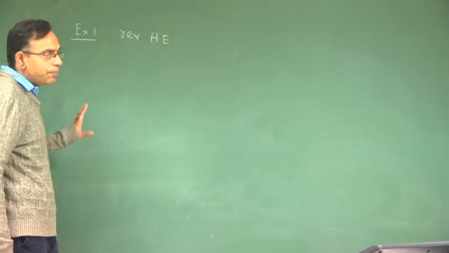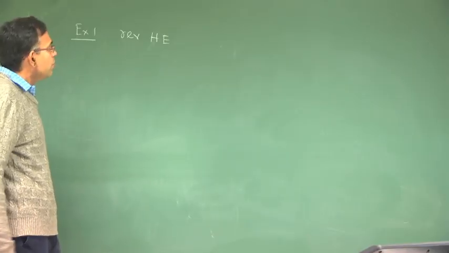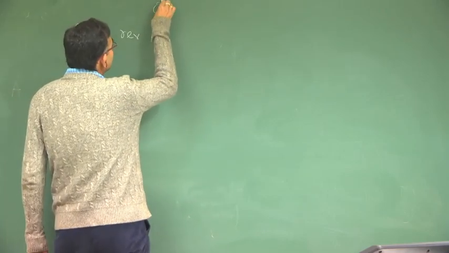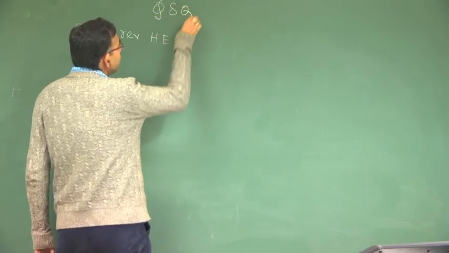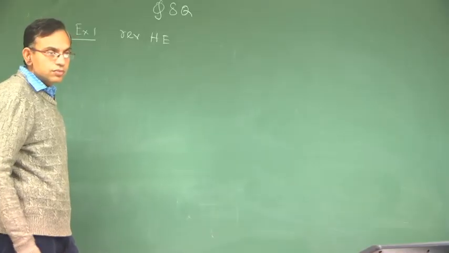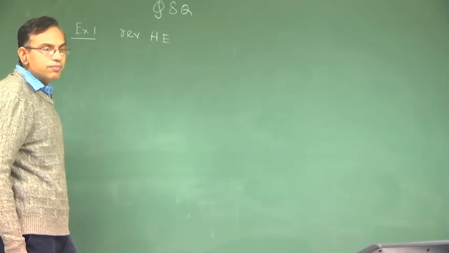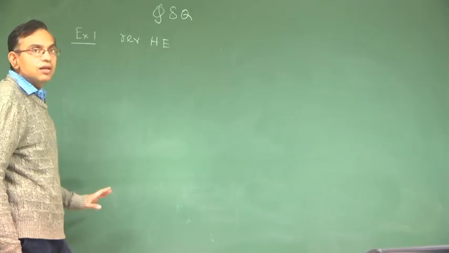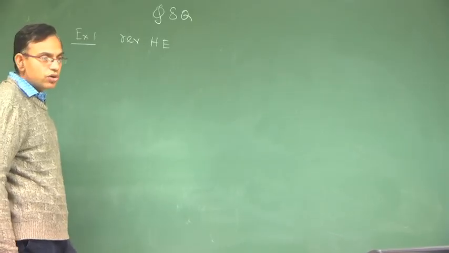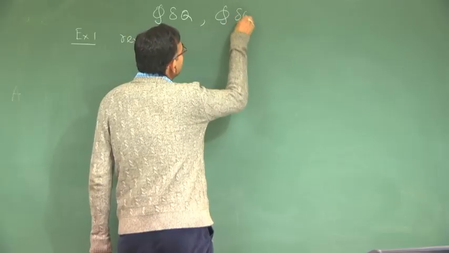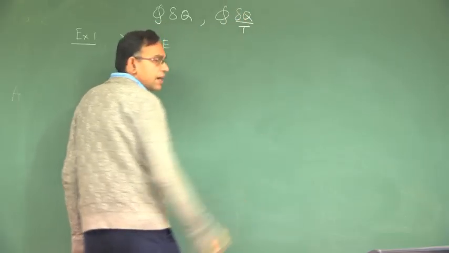For all these examples we will be interested to calculate the following: cyclic integral of del q, which is a very important parameter so far as the first law consideration goes, and cyclic integral of del q over T, where T is the absolute temperature.